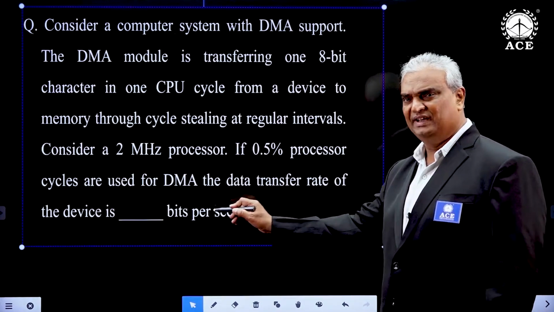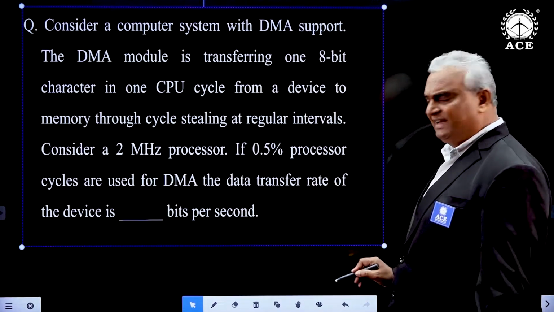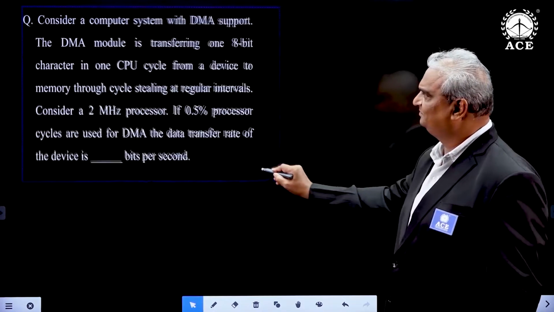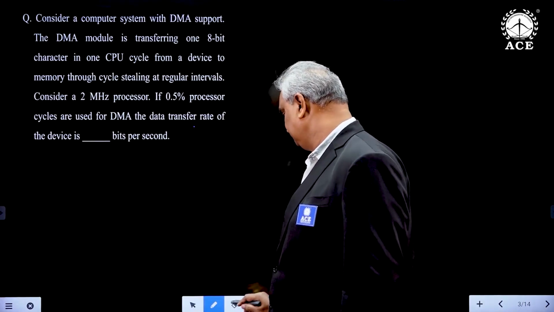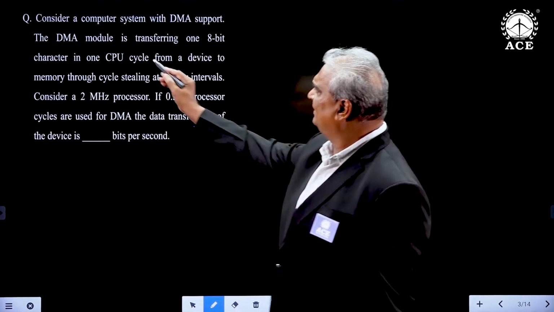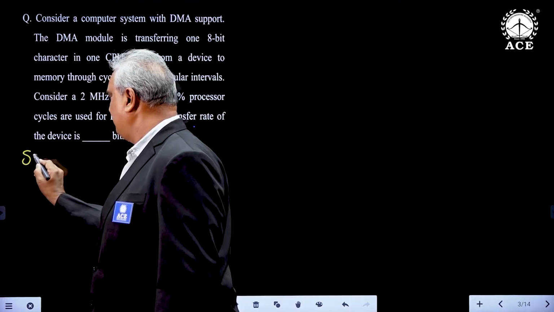He asked for the value in bits per 1 second. Clear? First come here. What about the processor clock frequency?